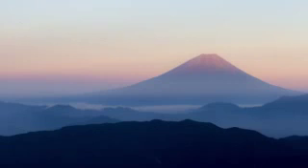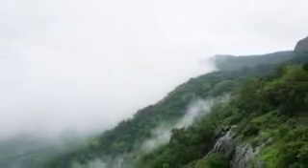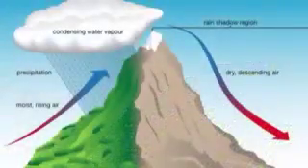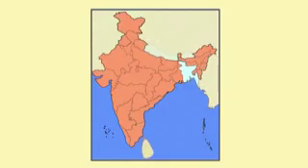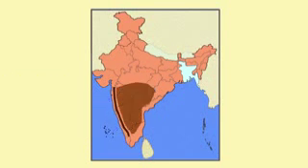They may also cause precipitation if they are high enough to lie in the path of rain-bearing winds. On the other hand, the leeward side of the mountains remains dry. The Western Ghats obstruct the southwest monsoon winds, and they are responsible for heavy rainfall along the western coast, whereas the Deccan Plateau forms the leeward side where there is relatively low rainfall.